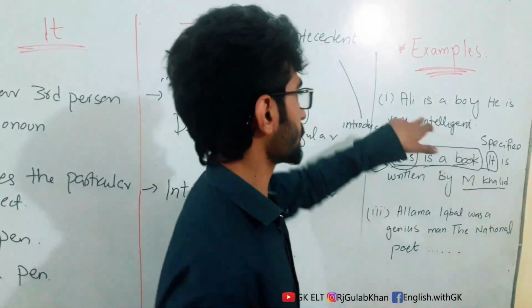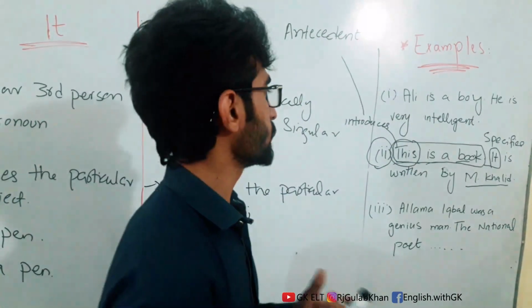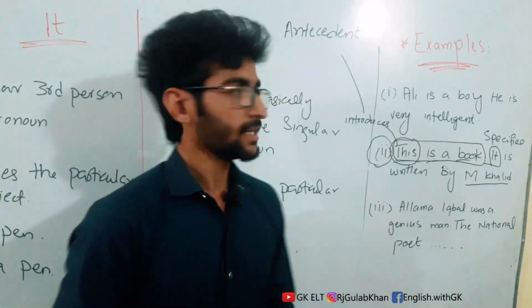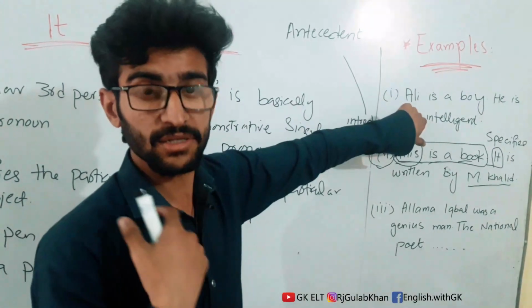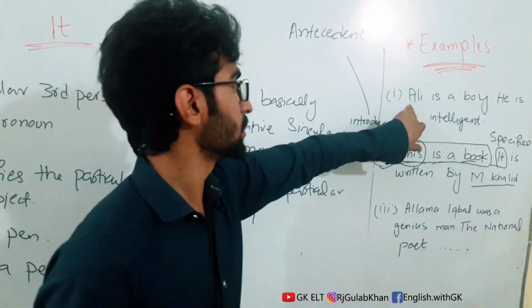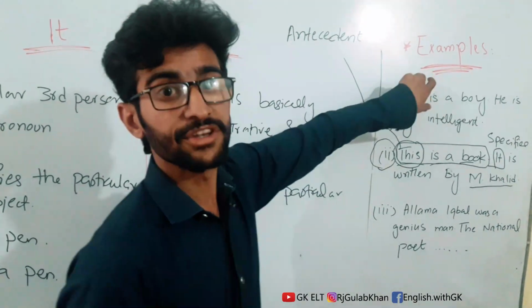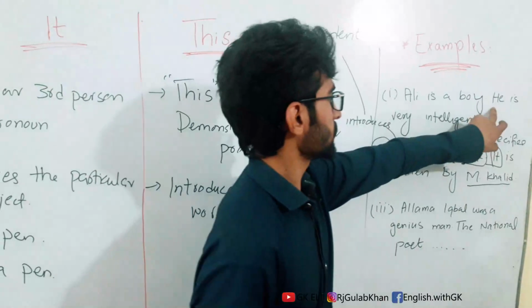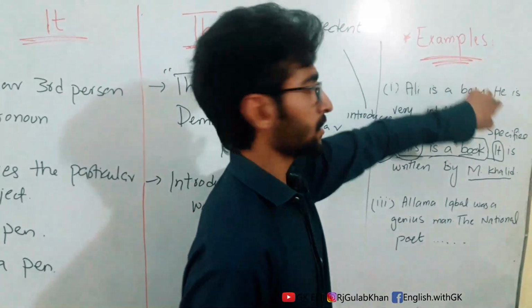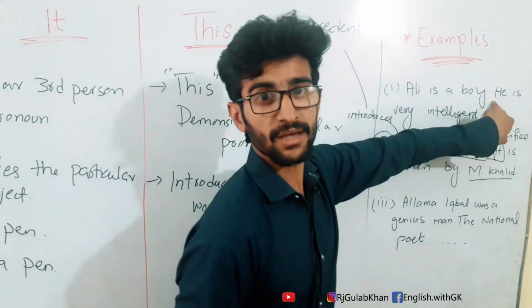This is a general paragraph structure. Whenever we want to discuss something, if first of all we are talking about a singular person, we first use a noun. This is a common structure of a paragraph. Then we give reference to him with a pronoun.